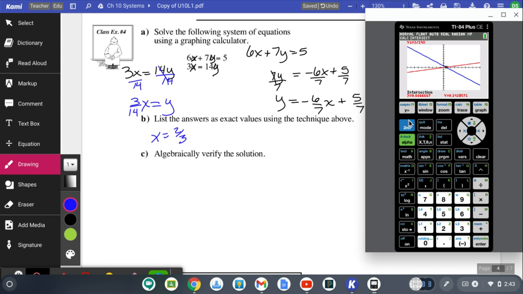But let's pretend you don't have a clue. Go like this: hit quit, go to your blank screen, hit the X button, go X, math, frac. 2/3.